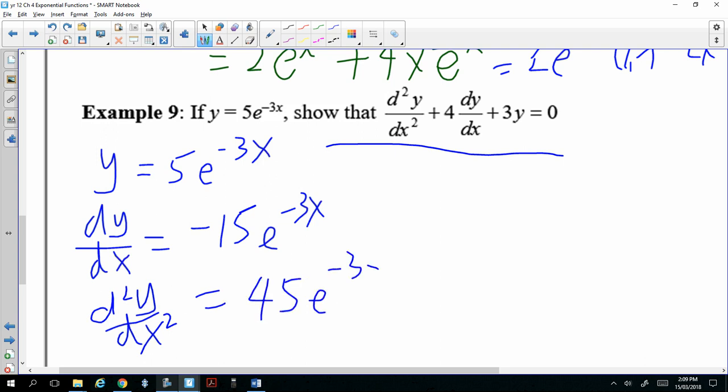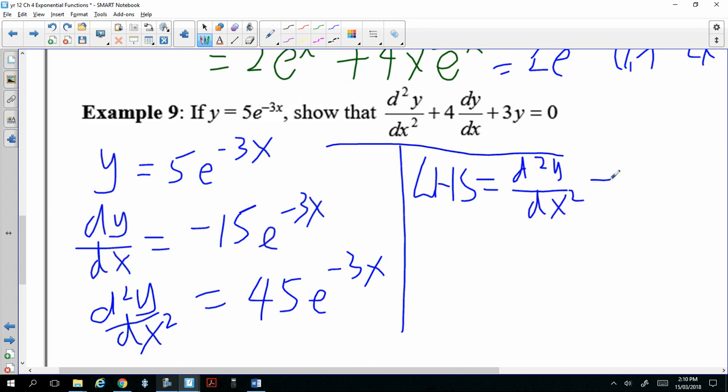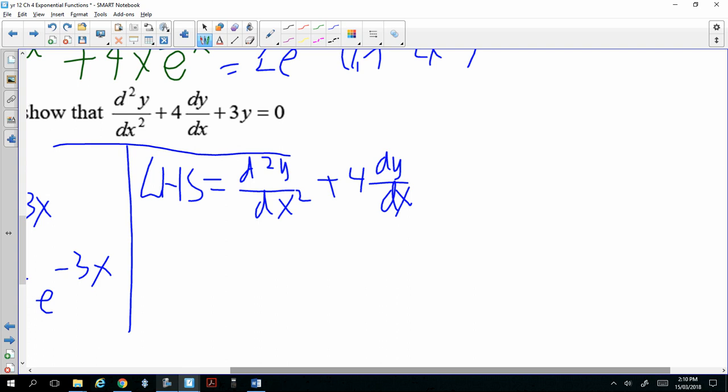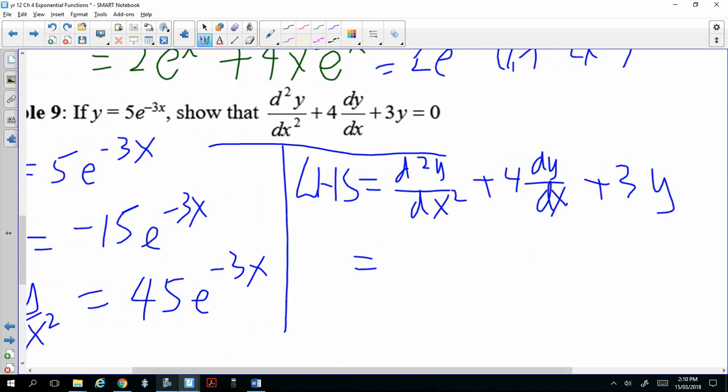And then we have to substitute into this equation. So we start with the left-hand side, second derivative plus 4 times the first derivative plus 3y, and we substitute. So we substitute this in there, which is 45 e to the power negative 3x.